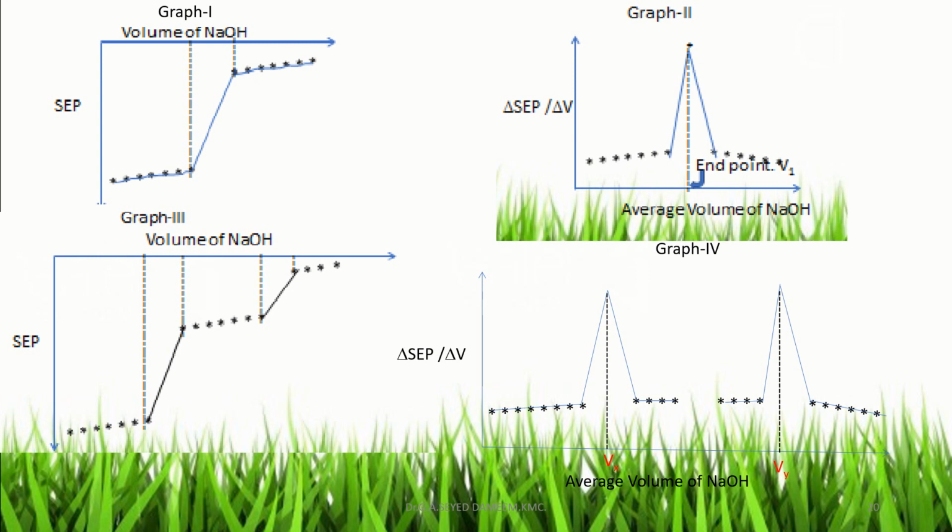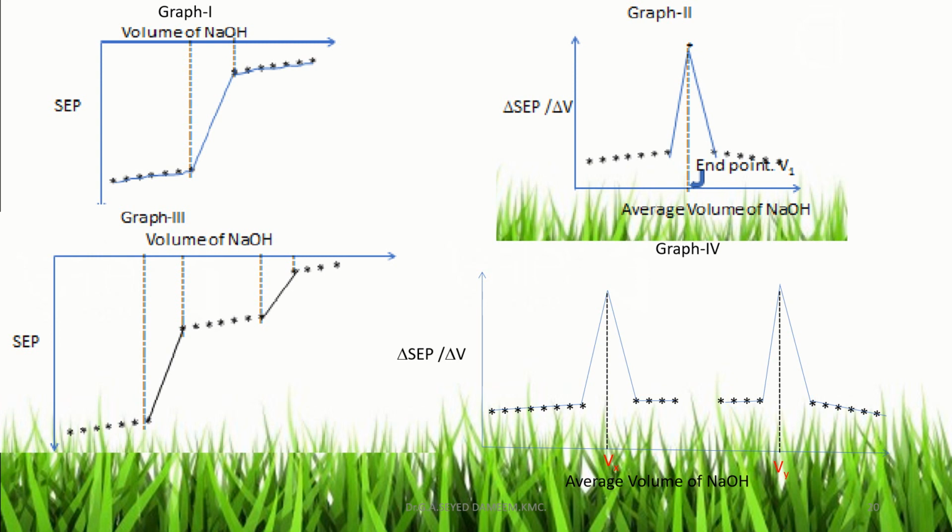Graph 3 is obtained in the titration between the mixture of acids and sodium hydroxide. This graph shows two endpoint ranges. The first range corresponds to HCl in the mixture. The second endpoint corresponds to HCl and acetic acid in the mixture. And graph 4, a derivative curve, shows two endpoints: first endpoint Vx, second endpoint Vy.